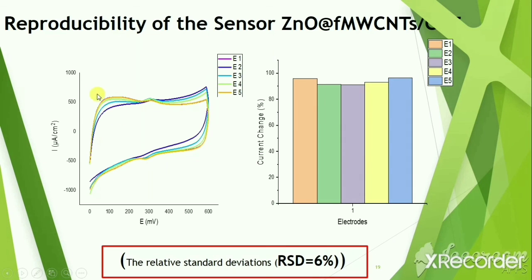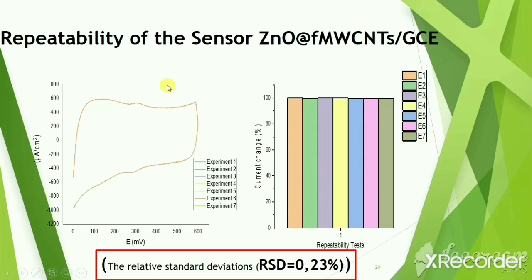To check its reproducibility, 5 electrodes were prepared by different hands, and as you can see, the results are almost the same, with a relative standard deviation of around 6%. So it is an acceptable result. We can say that our sensor is reproducible.